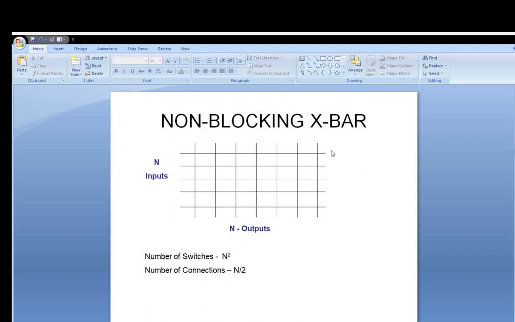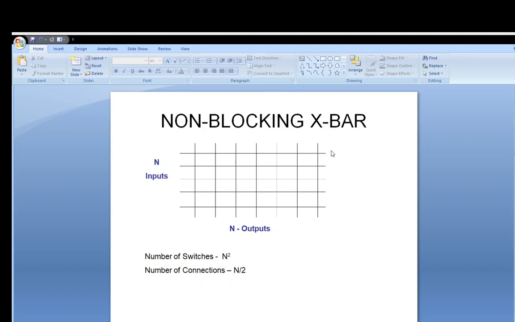In this type of switching, the number of switches is n square and the number of connections is n by 2. That means in the case of n inputs and n outputs, n square switches are available, and only n by 2 switches will be used in the communication at its max.